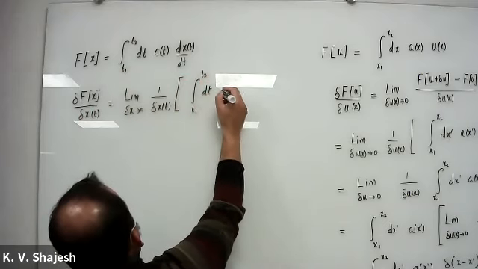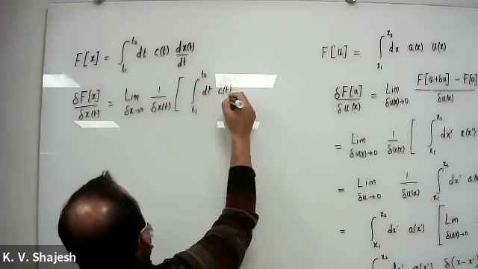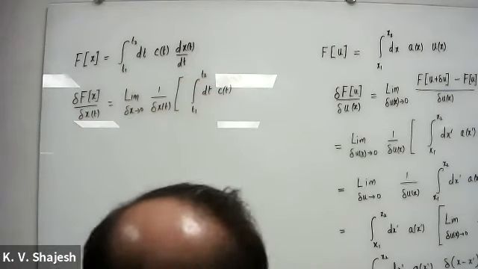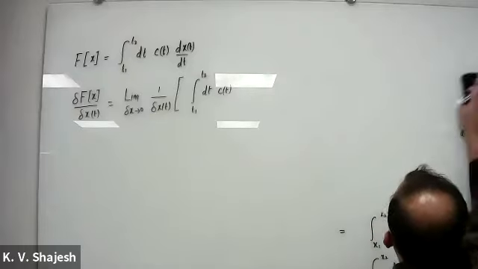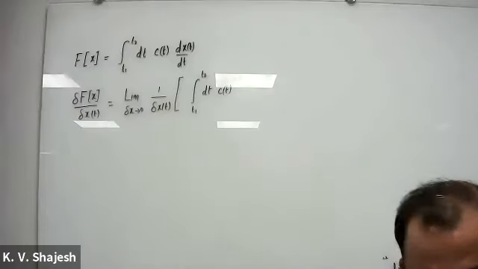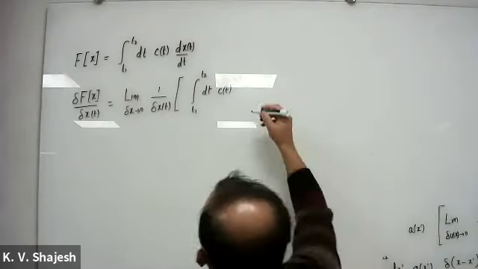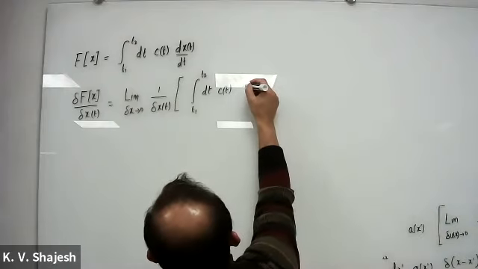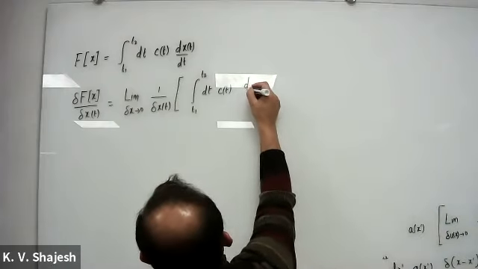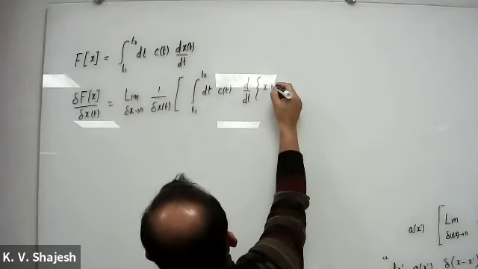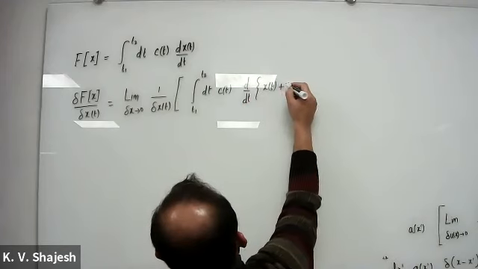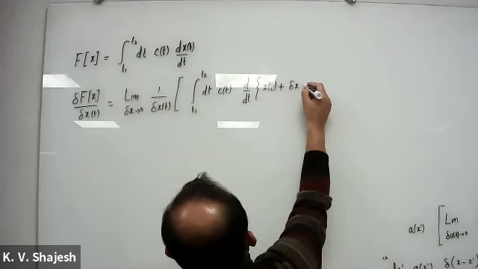That's d/dt of c of t, so c of t times d/dt of x of t plus delta x of t. That's the change I'm making.